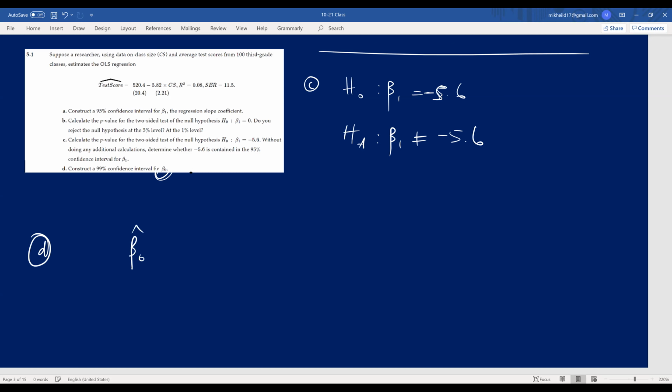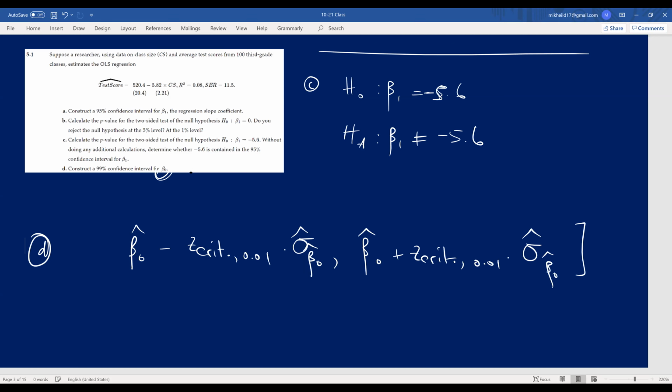That will be beta 0 hat minus z critical at 1% times sigma hat beta 0 hat, and then beta 0 hat plus z critical at 0.01 times sigma hat beta 0 hat, and that's the 99% confidence interval.